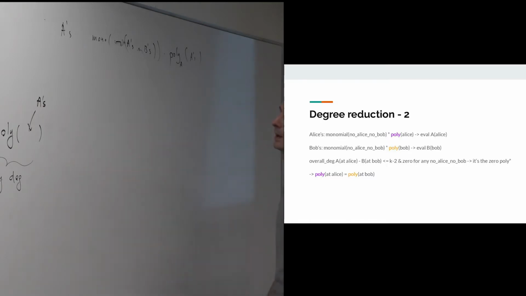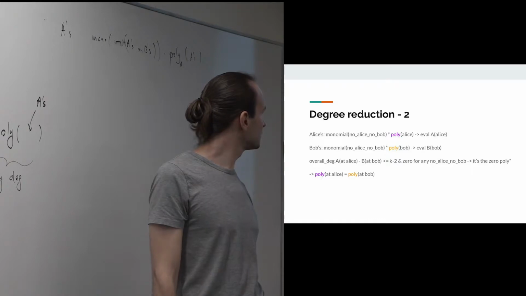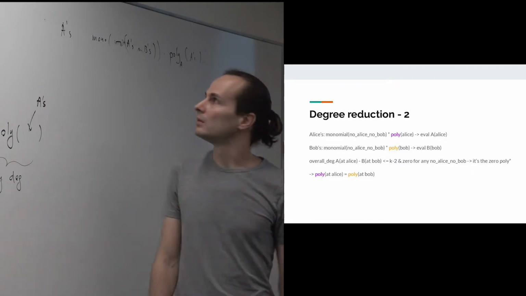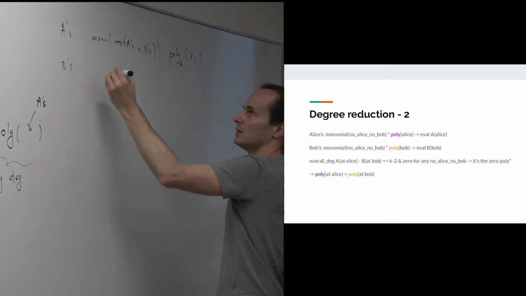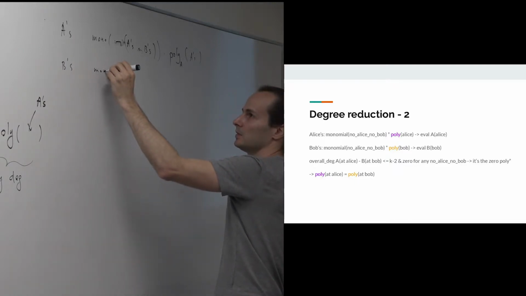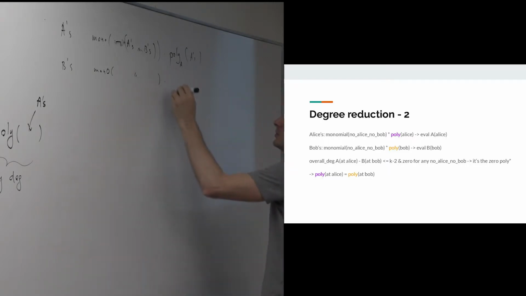Okay. And you can do the same with Bob's. Okay, I'll do the same with Bob's. So it's the same monomial, same thing, times poly B.